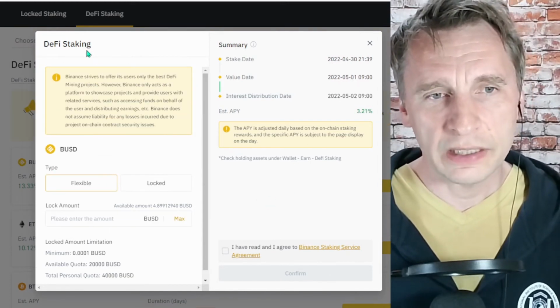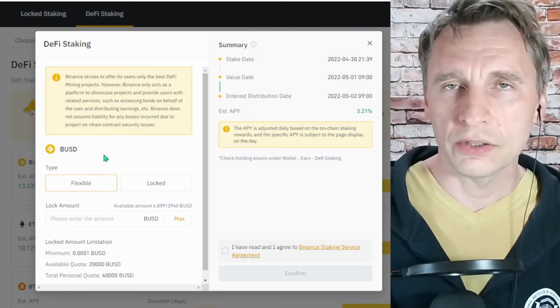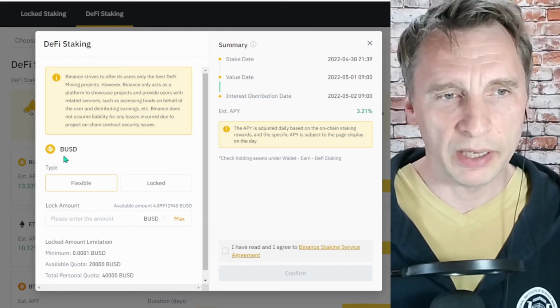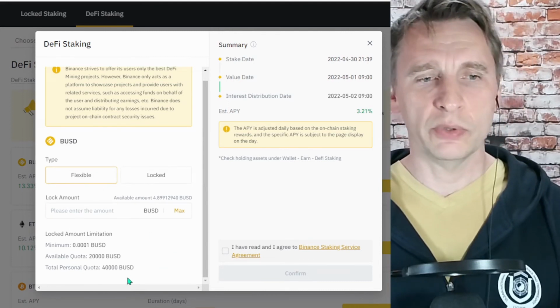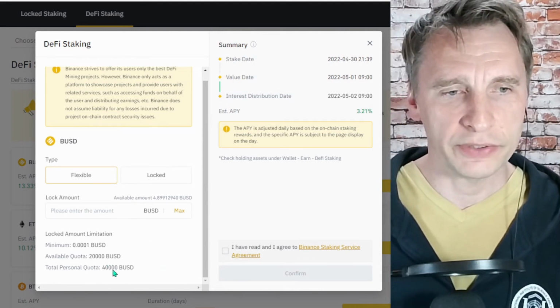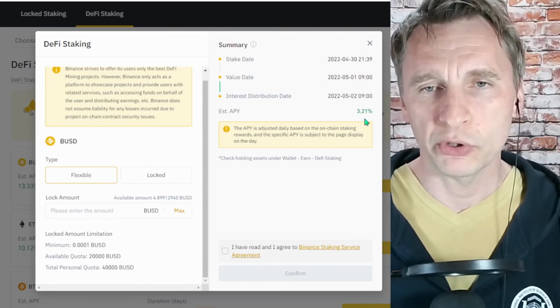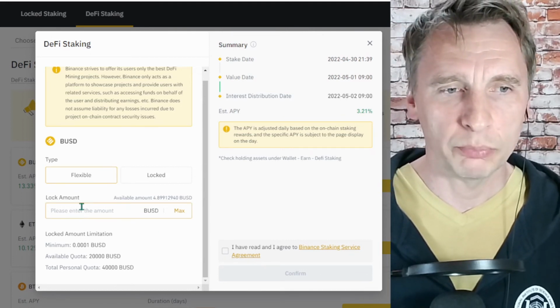What DeFi staking also allows you to do is stake your stable coins. So in this case, it's BUSD. My quota for flexible staking of BUSD is 40,000 BUSD at a 3.21% annual percentage yield.